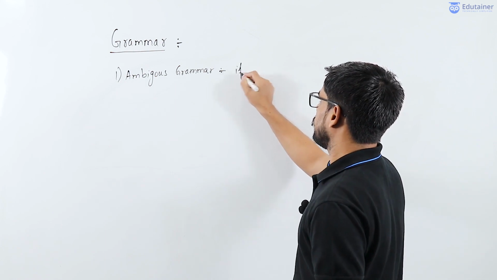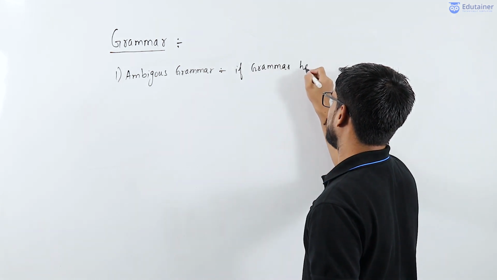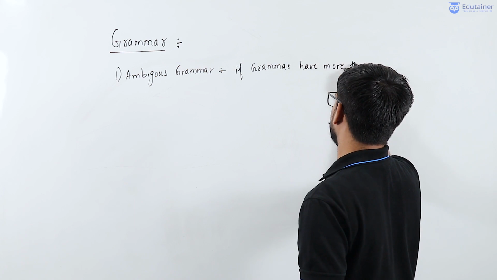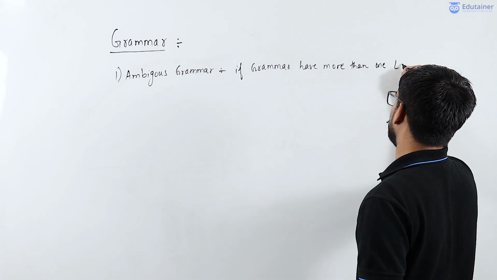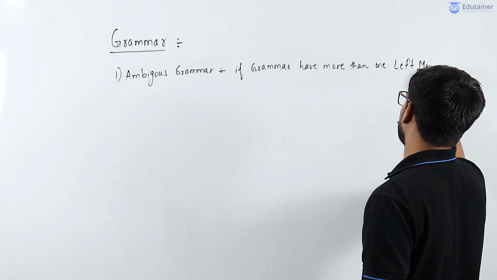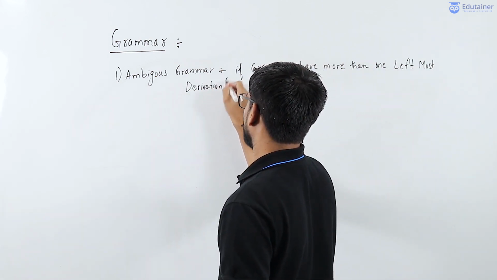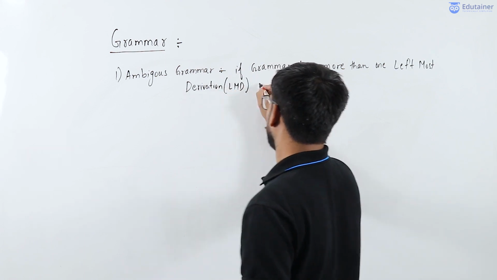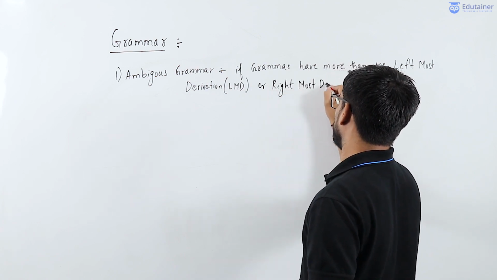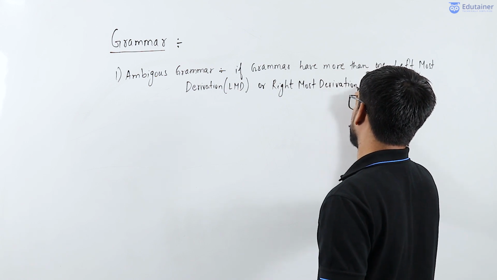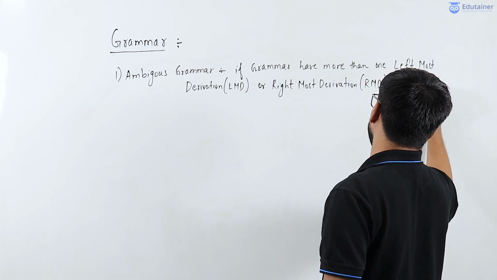So if a grammar has more than one leftmost derivation, in short form called LMD, or rightmost derivation, in short called RMD, or more than one parse tree.